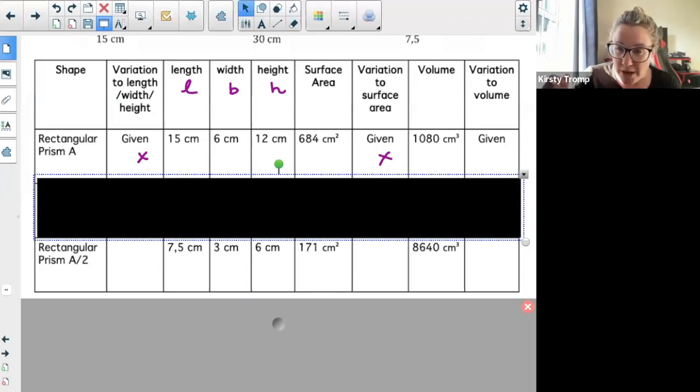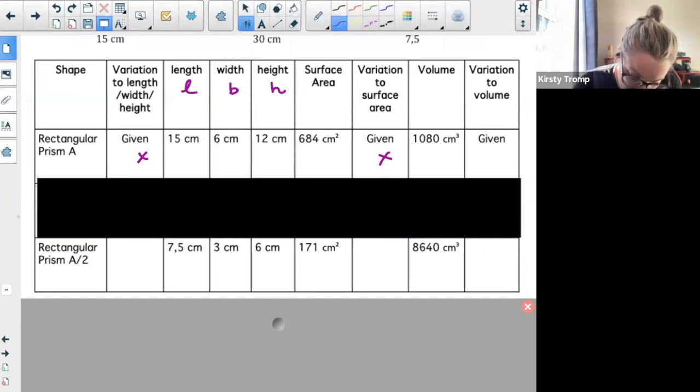Should we try something smaller? What about 15 divided by 2, Caitlin? Yeah, that works out. So are you happy that we're dividing by 2 each time? Thanks, Caitlin. Caitlin is absolutely right. To get from the previous figures in A1 to the new figures, I'm dividing by 2.